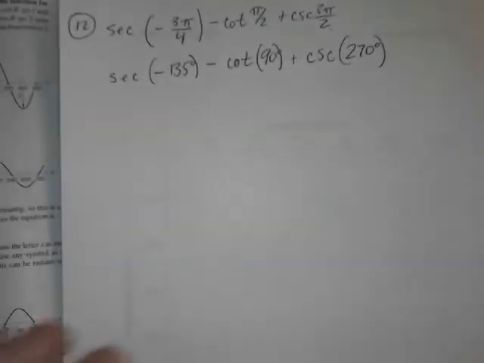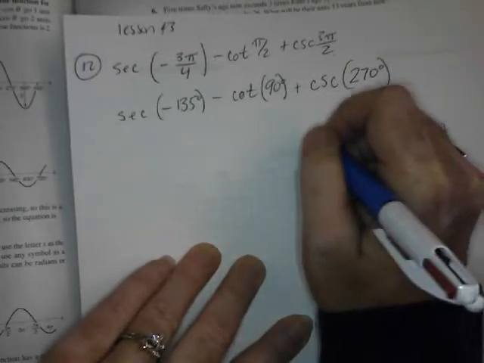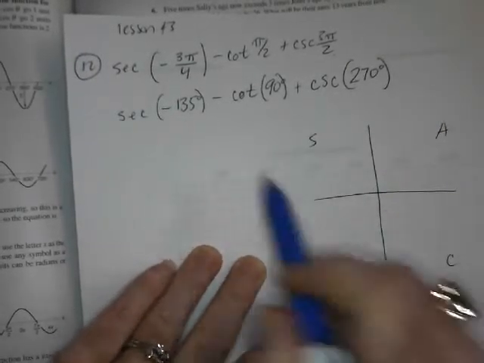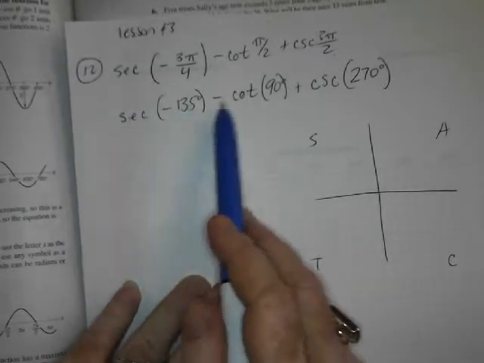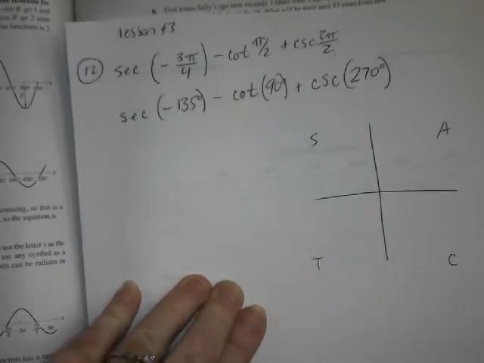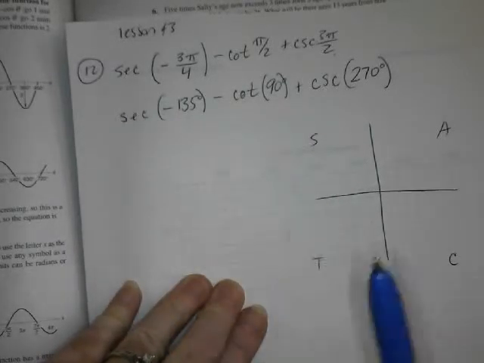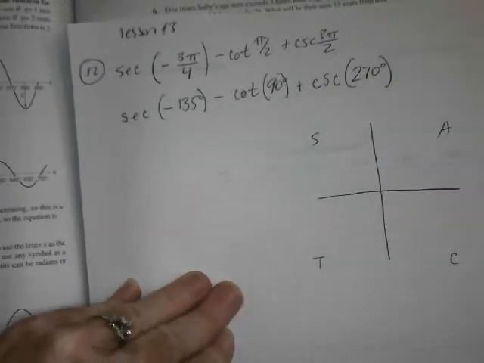And now we're back where we probably feel comfortable, because you've done a lot of these before. These are reciprocal functions, so once we find them, we'll say secant goes with cosine, and cotangent goes with tangent, and we'll take the reciprocal.